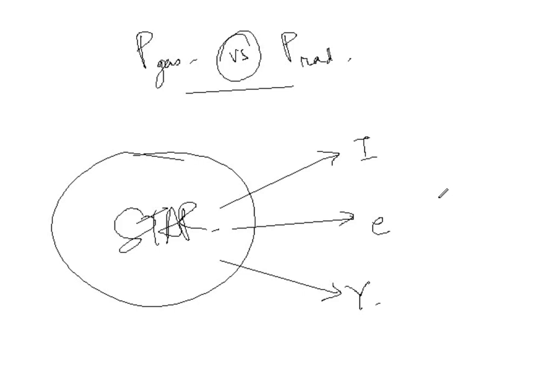Now for most stars, with the exception of very low mass ones and stellar remnants, the ions and electrons can be treated as an ideal gas and quantum effects can be neglected. And in this case we have P_i plus P_e plus P due to radiation, and we can write it as P_gas plus P_rad.